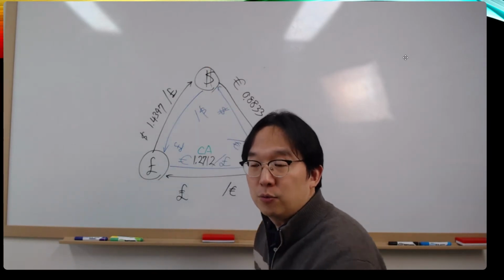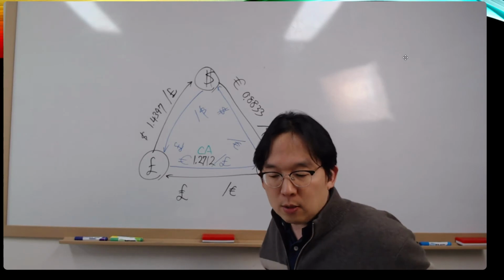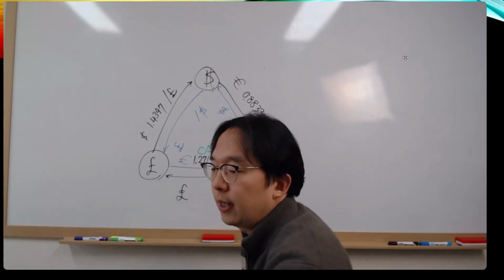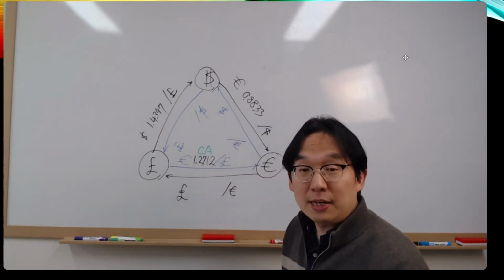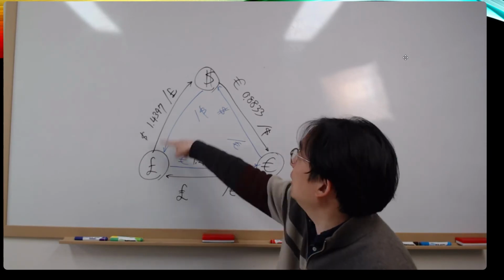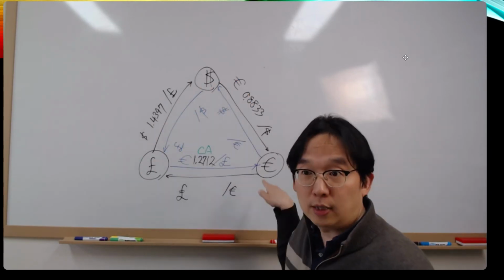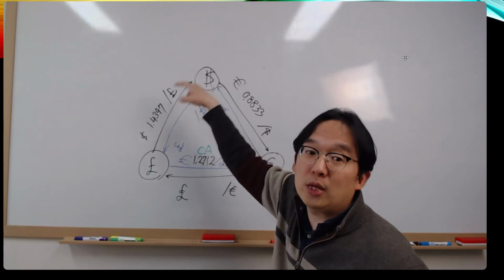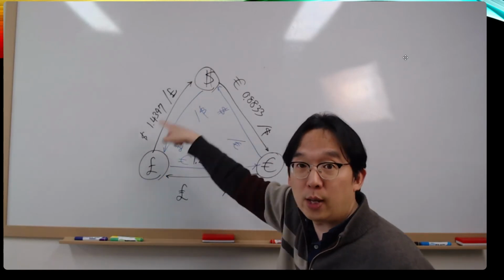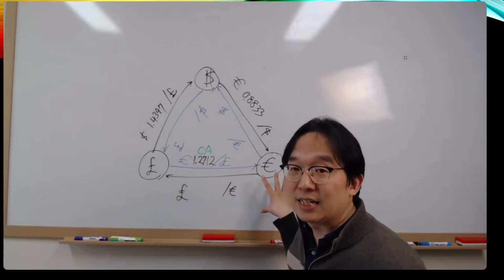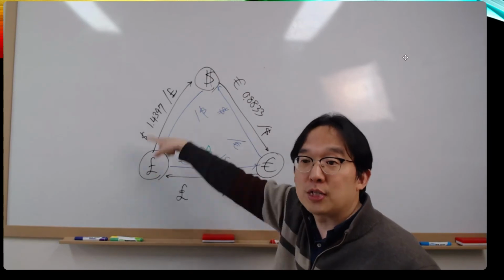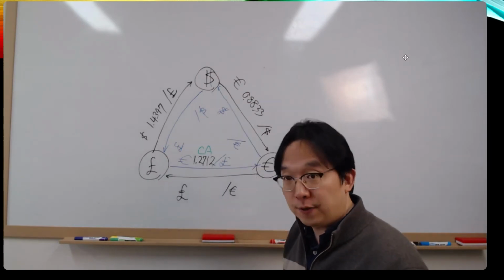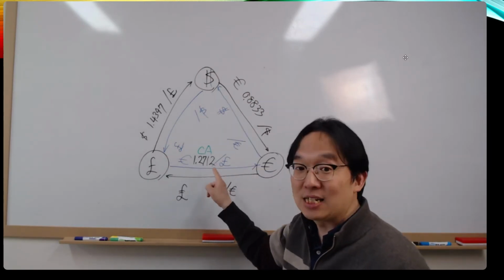So if we move down, right? Well, one thing you could do is finding out the cross exchange rate using these two rates. This is always available to you right away. This is not. So that's why you want to do some cross exchange computation first to figure out whether this guy is correct or not.